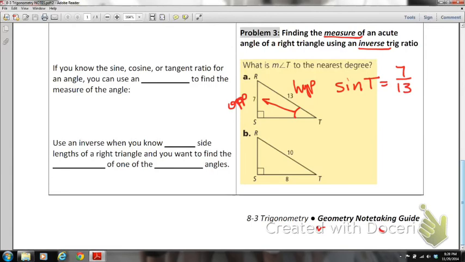So in order to find the measure of angle T, let's swap these and use an inverse function. So the inverse sine of 7 over 13 is going to equal the measure of angle T. If you put that into your calculator, the inverse sine of 7 over 13 is going to be 32.579, which is approximately equal to 33 degrees.